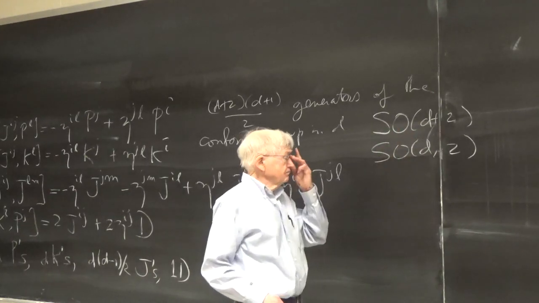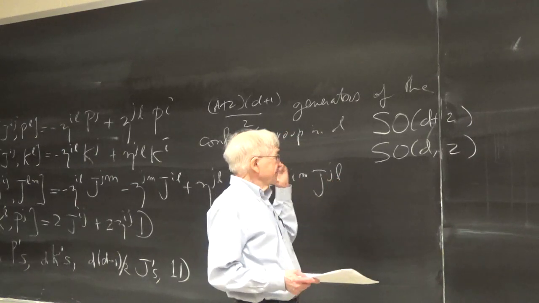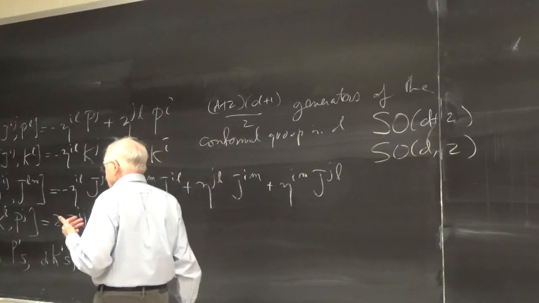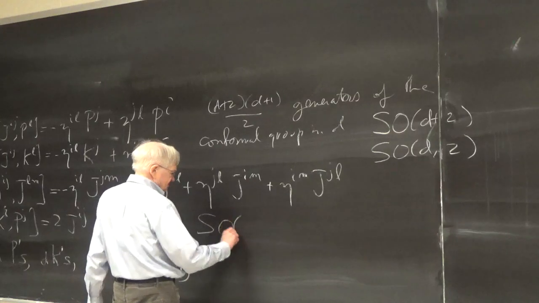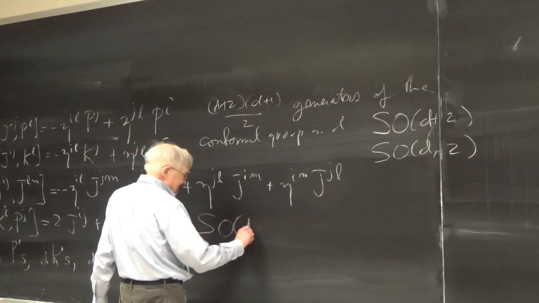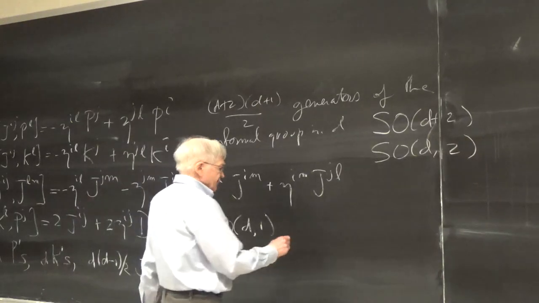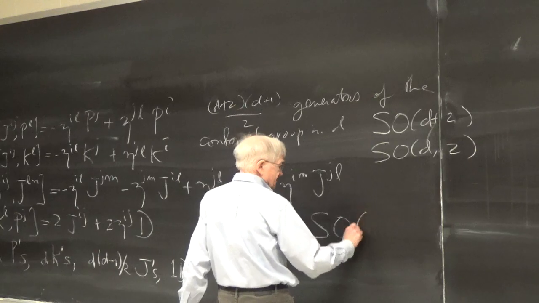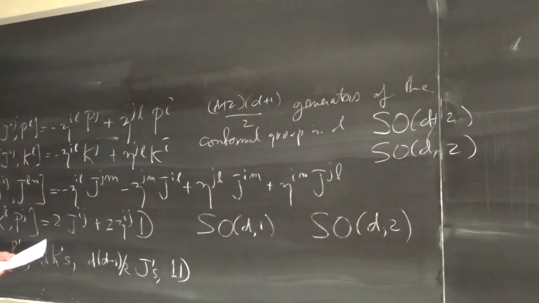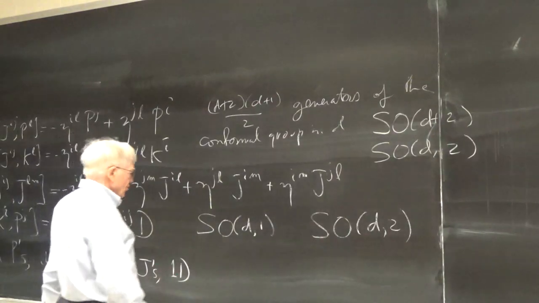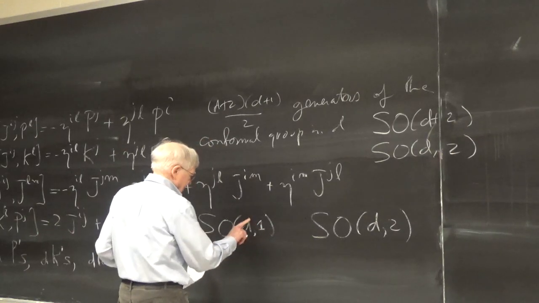But if you're in a quasi-Minkowski space-time, that is to say, if you're in an ordinary Minkowski space-time, and so your Lorentz group is SO(d-1,1), then for this space-time, the conformal group is SO(d,2). And so, in other words, the conformal group for actually, I made a mistake. This is d-1.